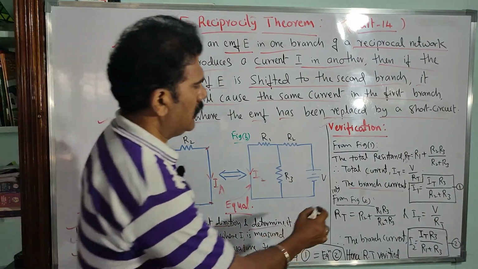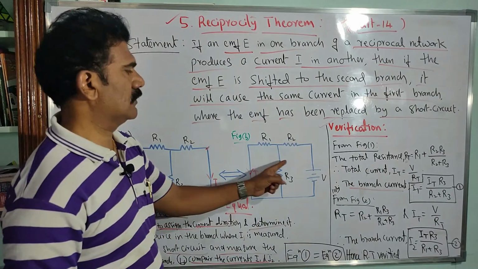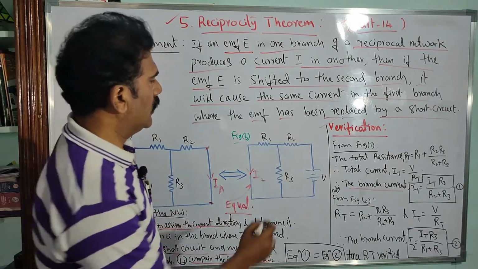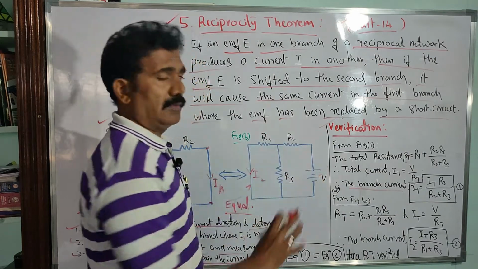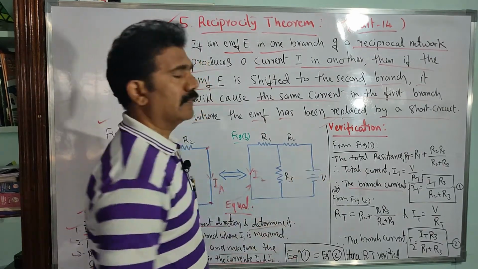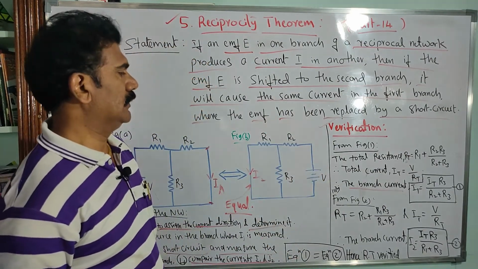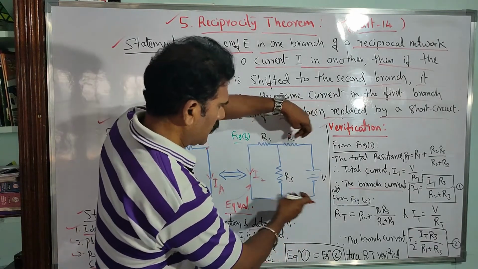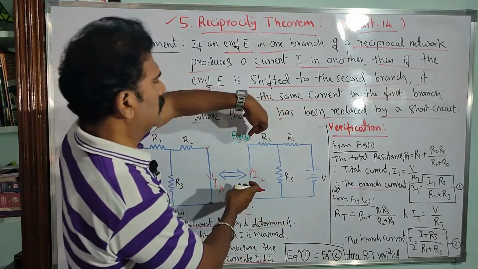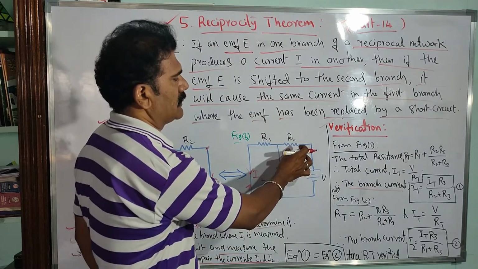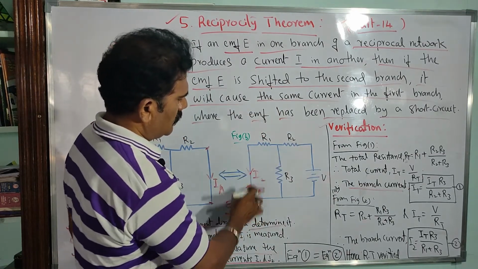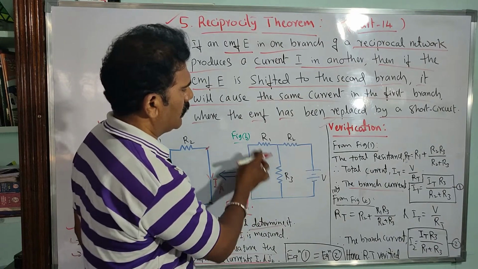Similarly, take figure 2. Here again R1, R2, R3 are present, but the voltage source is shifted to the other side where the current was measured. Looking into the same circuit from this voltage source, we get the total resistance. Now R2 is in series, whereas the other branch is short circuited, so R1 and R3 become parallel to each other.